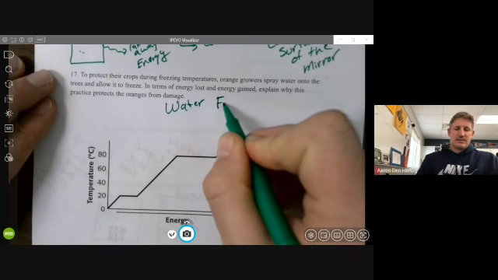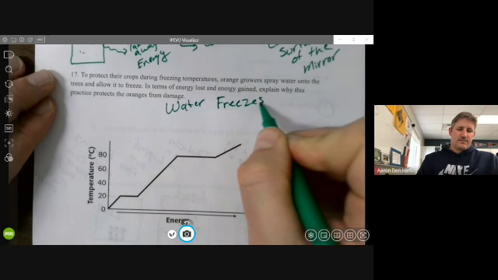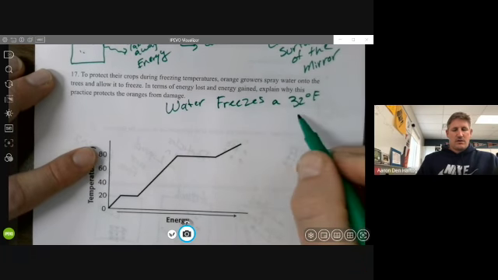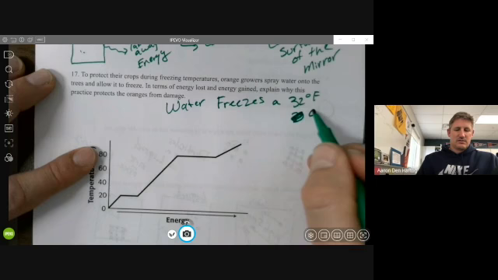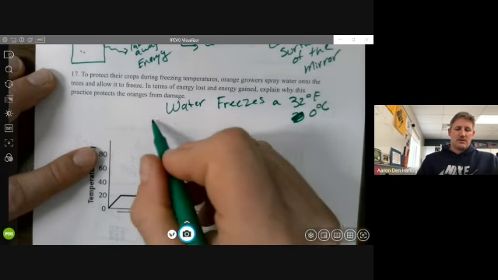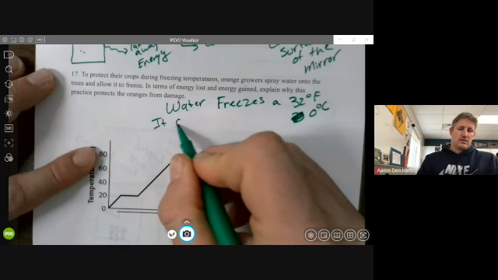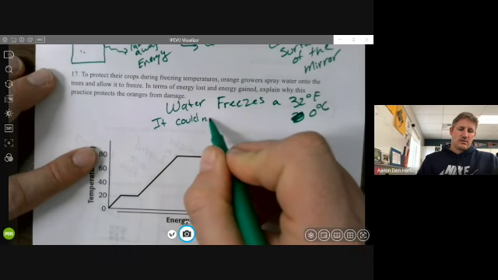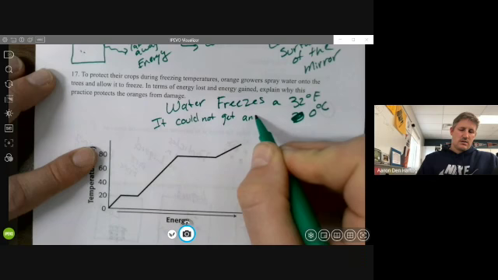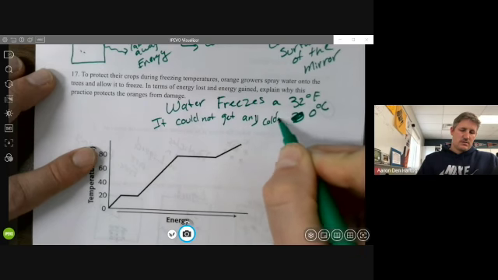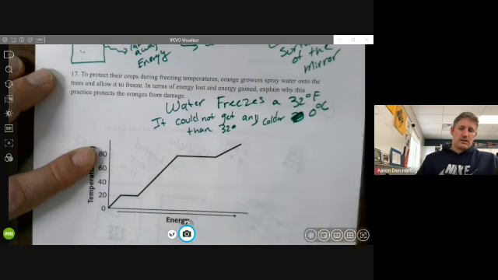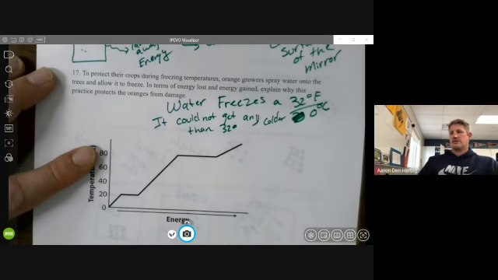Water freezes at 32 degrees Fahrenheit or 0 degrees Celsius. So could it get any colder than this? No. It can't get any colder than 32 degrees Fahrenheit.